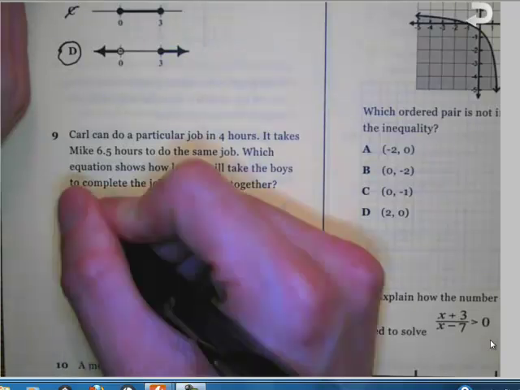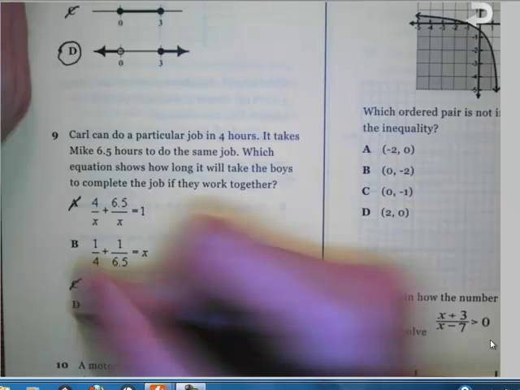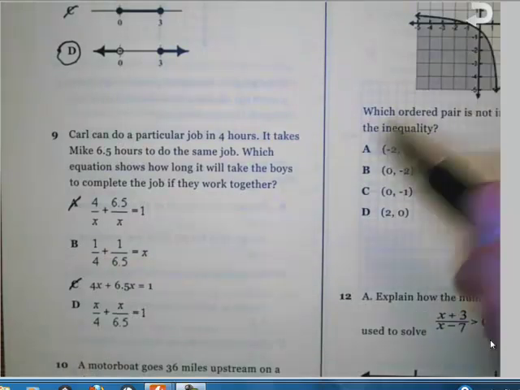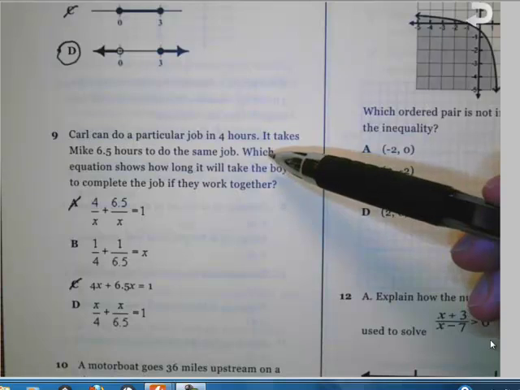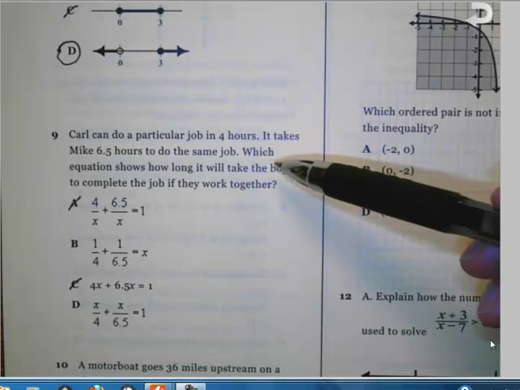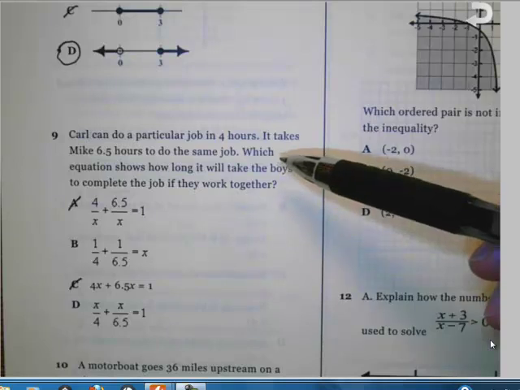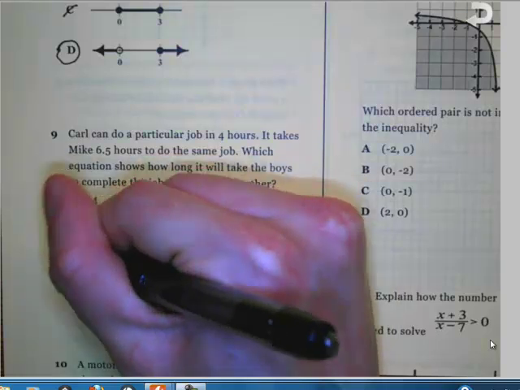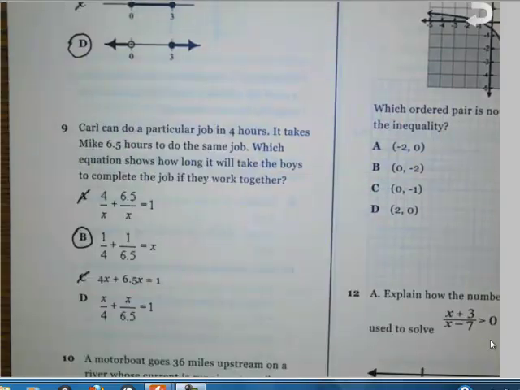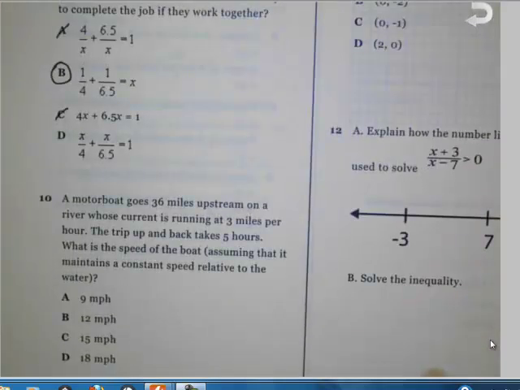We can eliminate A and C from consideration. So which equation shows how long it will take the boys to complete the one job if they work together? In this case, both B and D should work. However, B was considered the correct response. If you thought D was the right answer and you put that, I will be happy to take your argument into consideration.